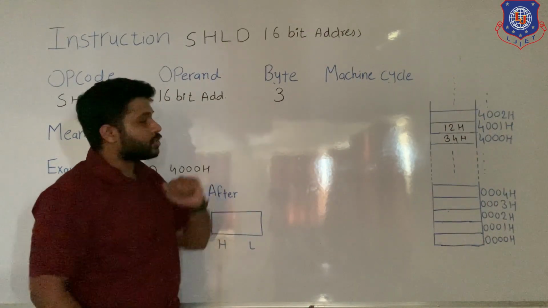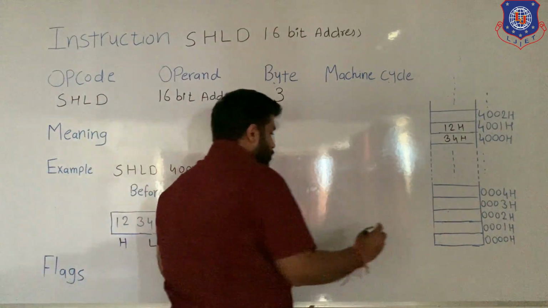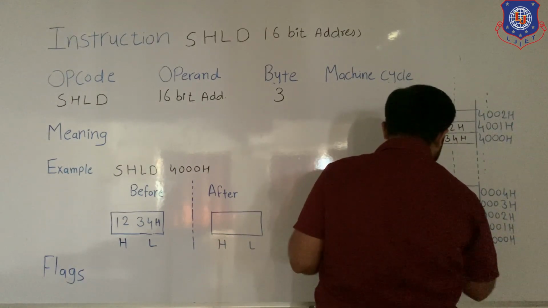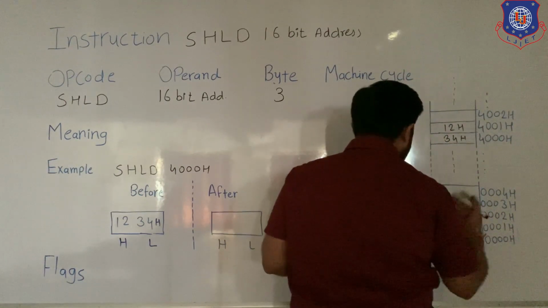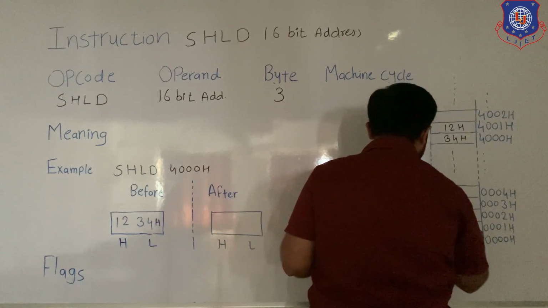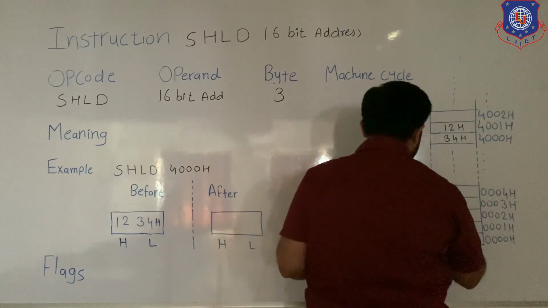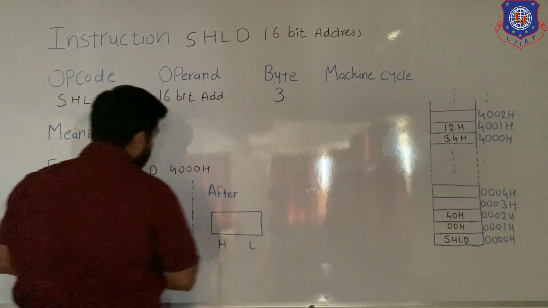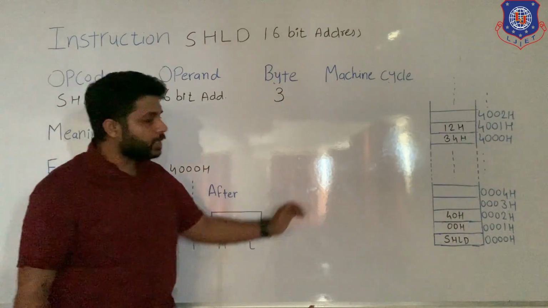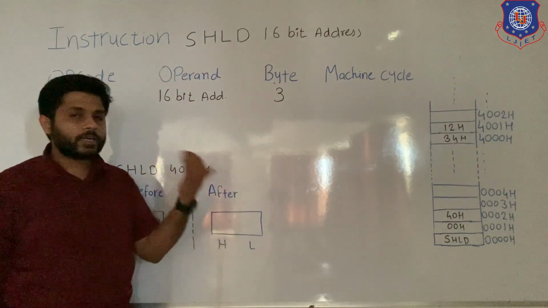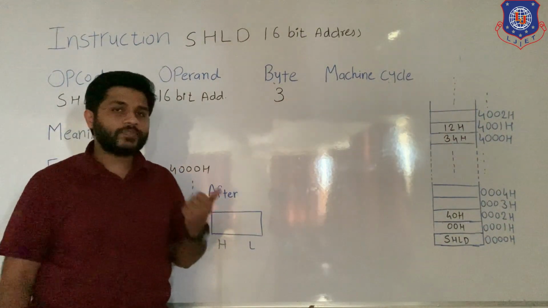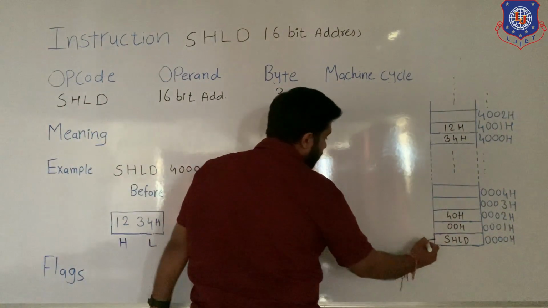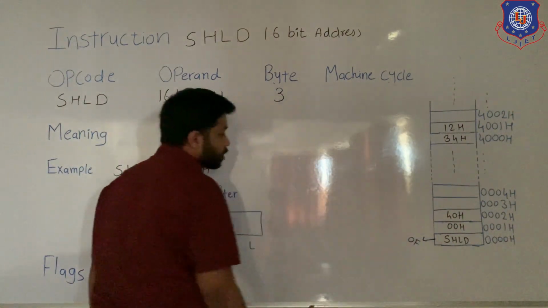Because this instruction is of 3 bytes, it will occupy 3 memory locations: in the first location the opcode will be stored, in the next the lower byte of the address, and after that the higher byte of the address. After the instruction is stored in the memory, the processor will start its work, which is fetch, decode and execute. In the first step, the processor will perform the opcode fetch.